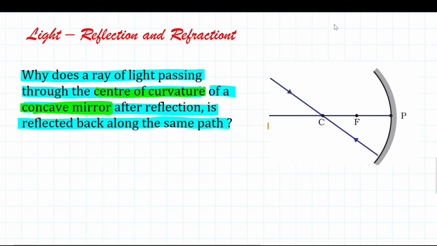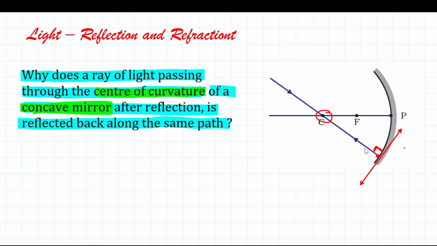This is because the line joining the center of curvature to the point of incidence acts as a normal. Now you may be wondering, how can this be perpendicular? This is because of the curved path. In this case, we don't have to study in detail. This acts as a normal.